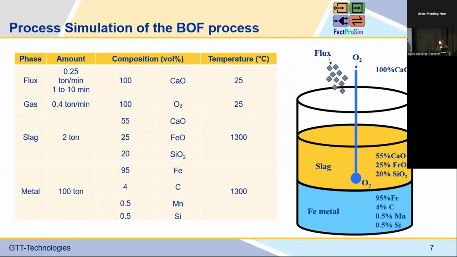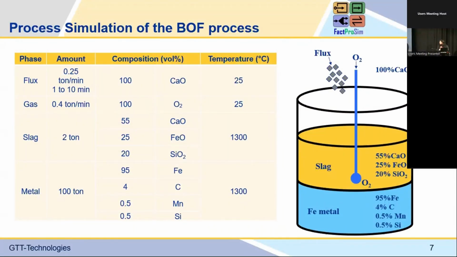We will be putting in this flux, and then we will change this ratio so we can see the effect of kinetics and your constraints regarding your process. The gas we provide at room temperature, and the slag and metal are provided at higher temperatures, with 2 tons of slag at the beginning and 100 tons of metal.